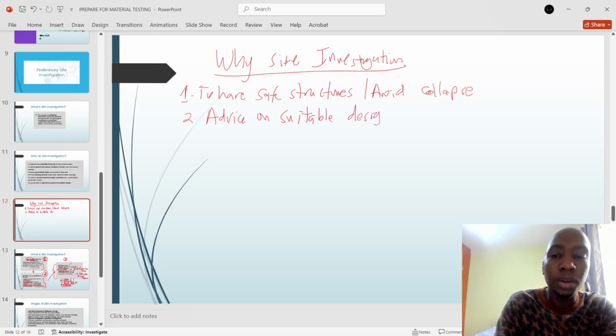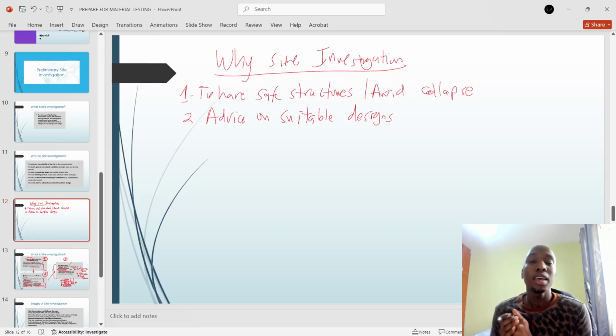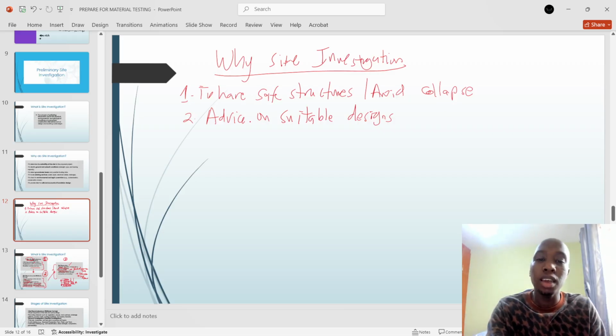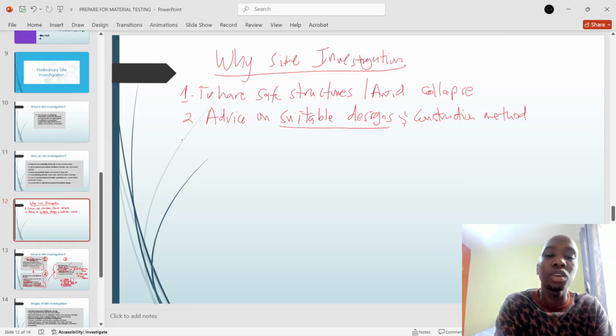Because if I know the load bearing capacity here is low, I will need to select a good foundation design that will transmit the loads in a way that will not cause settlement. So it helps engineers get advice on suitable design and construction methods. Very good, Betty.